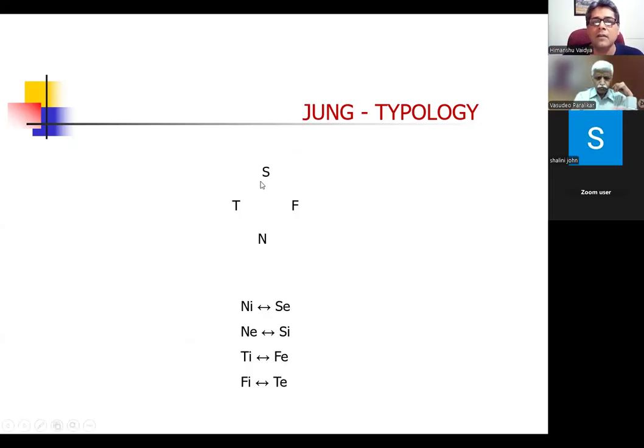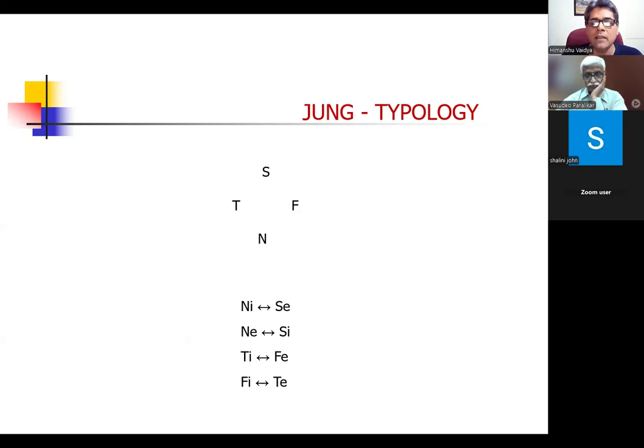So if sensation is dominant, then intuition is auxiliary. If thinking is dominant, feeling is auxiliary. If feeling is dominant, thinking is auxiliary. If intuition is dominant, sensation is auxiliary. That is the way they balance each other.